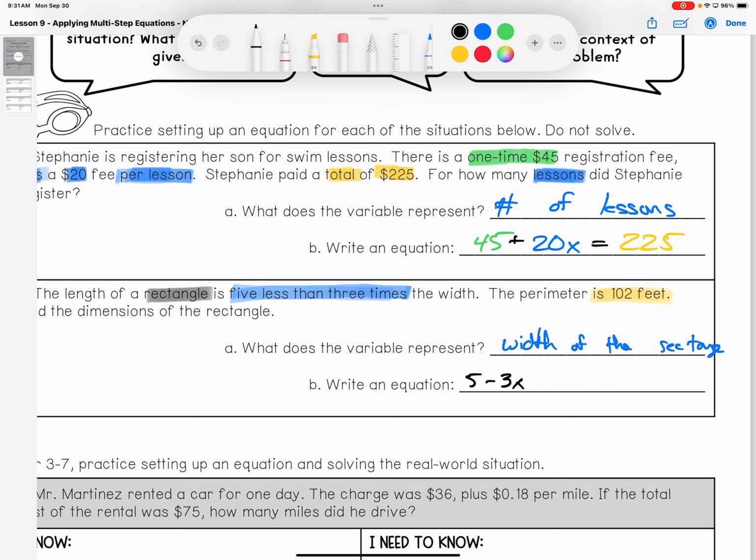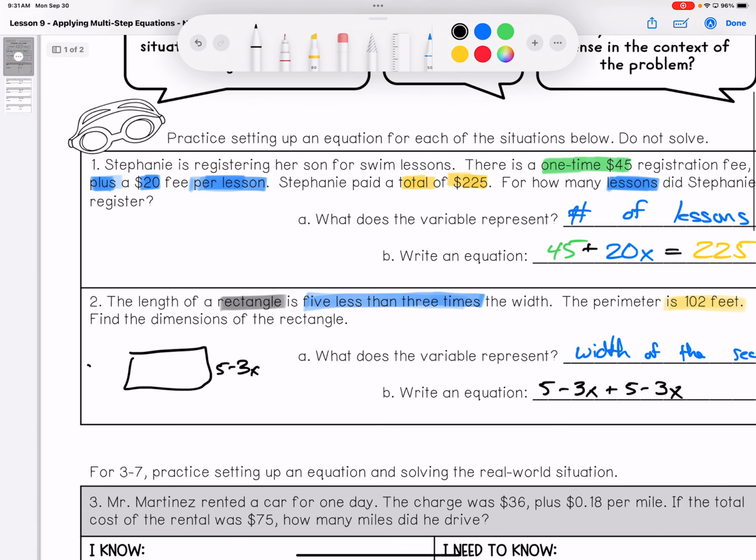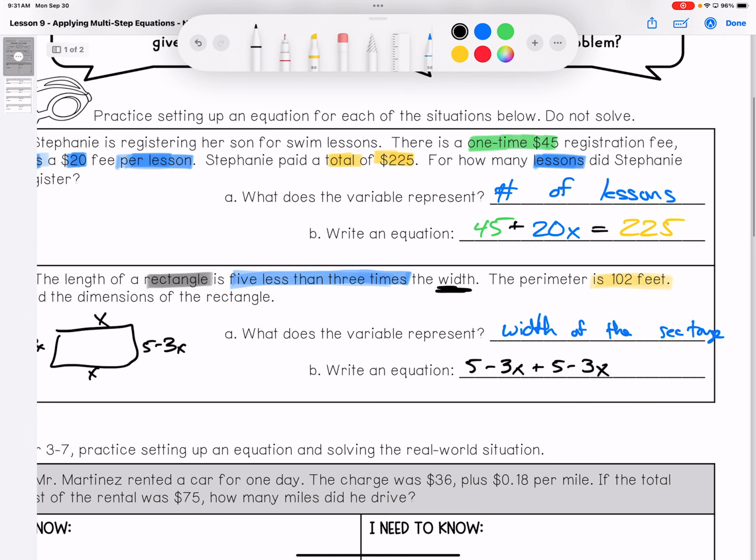Okay, what's the other side? Plus 5 minus 3x. That's the other side. Okay, so let's make a rectangle. We have 5 minus 3x here, and 5 minus 3x here. What about these other sides? They're x. We don't know what they are. They're just x. So plus x plus x.